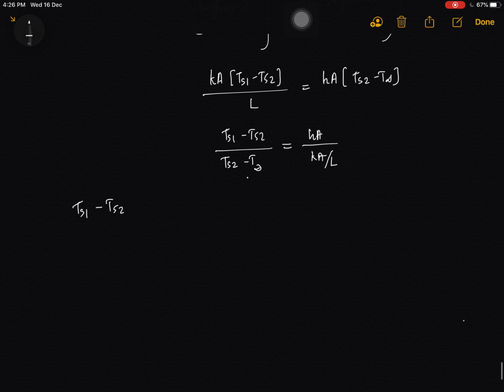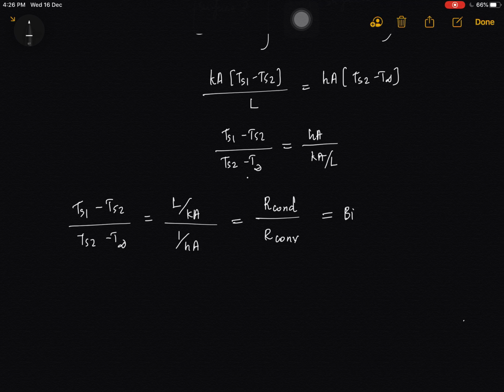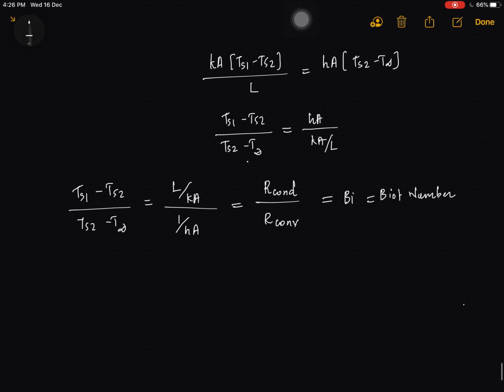We can rewrite this as (Ts1 minus Ts2) by (Ts2 minus T infinity) equal to (L by kA) divided by (1 by hA). Here L by kA is the conductive thermal resistance of the plane wall, and 1 by hA is the convective thermal resistance. This ratio of conduction resistance to convection resistance is a dimensionless number, the Biot number, represented as Bi.